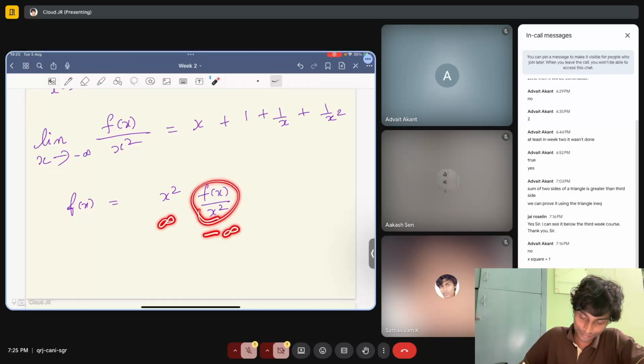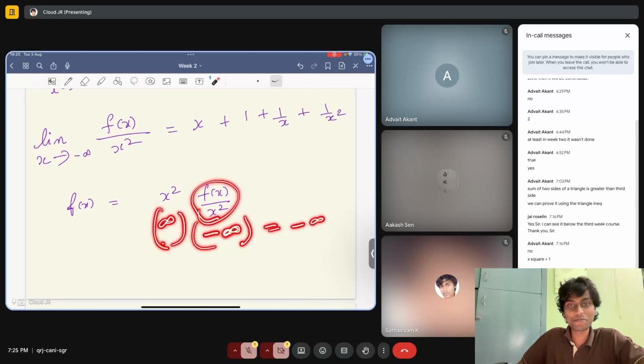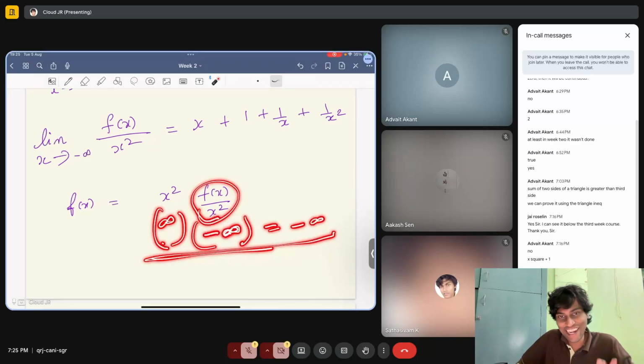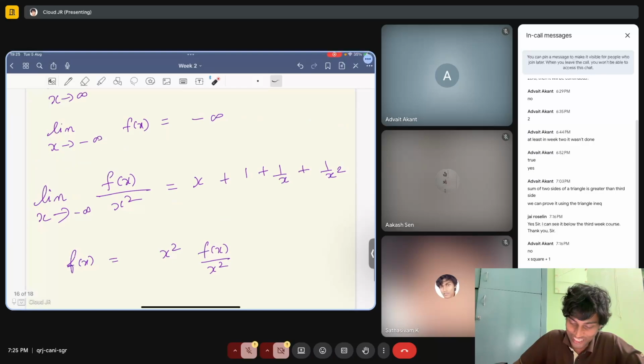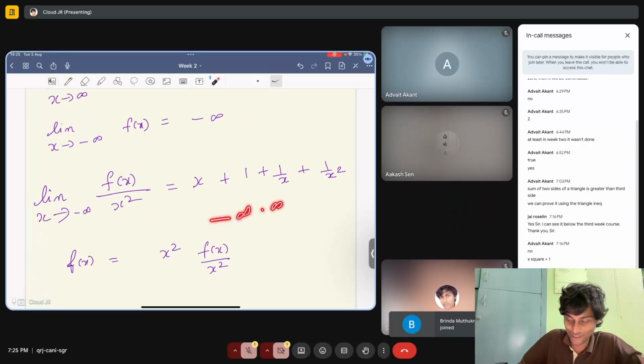So what that tells you is you are working with infinity times minus infinity, which is minus infinity. I'm throwing these symbols here. I didn't want to write like this. One can do it without all this minus infinity times infinity equals.